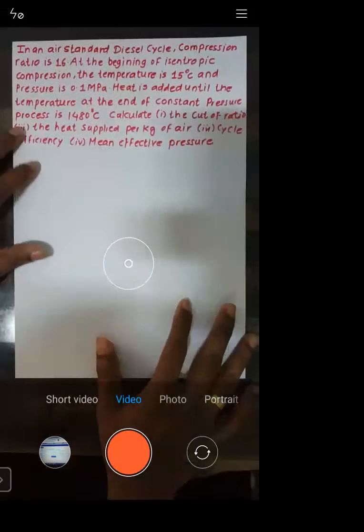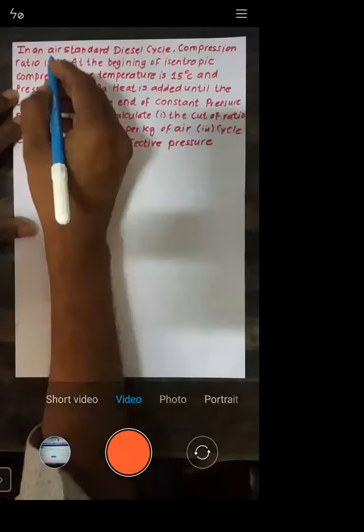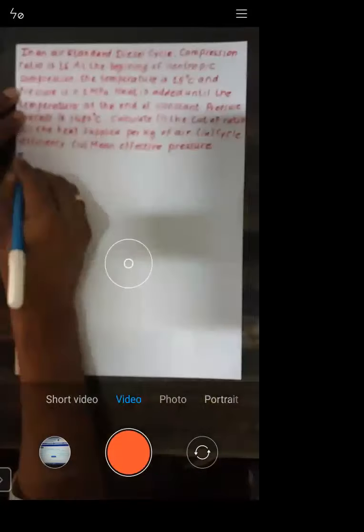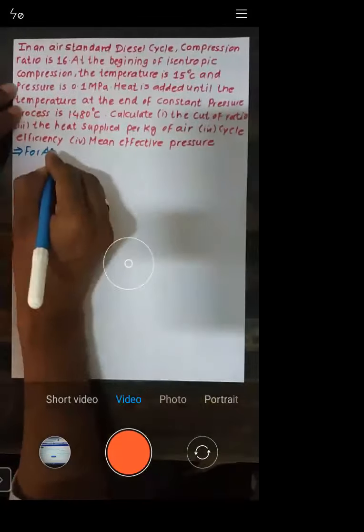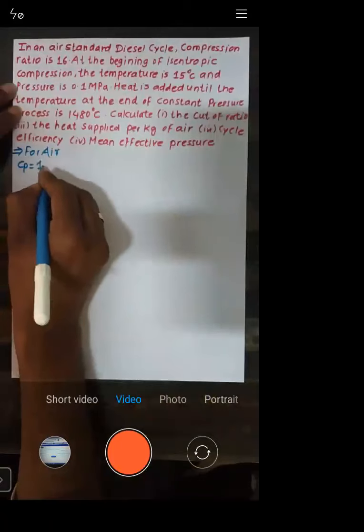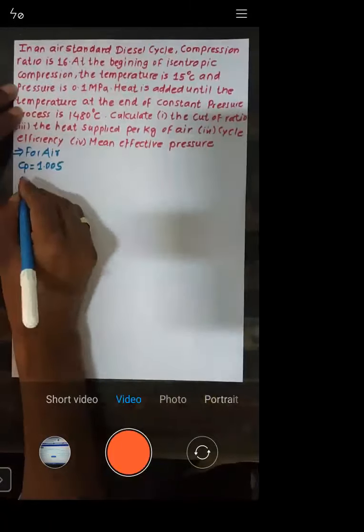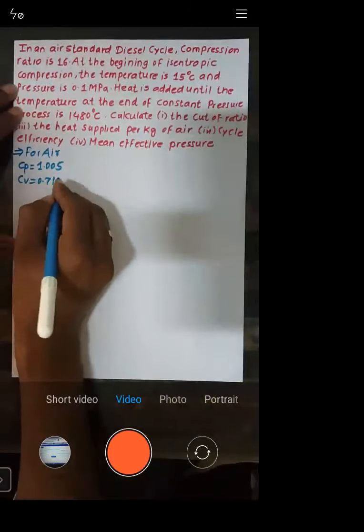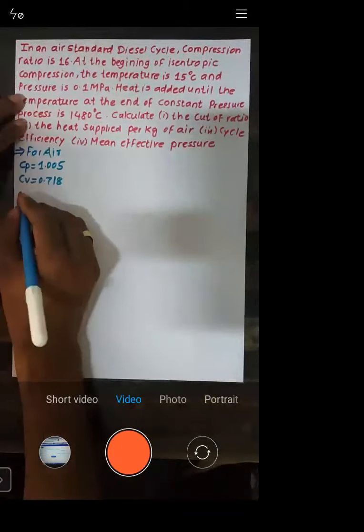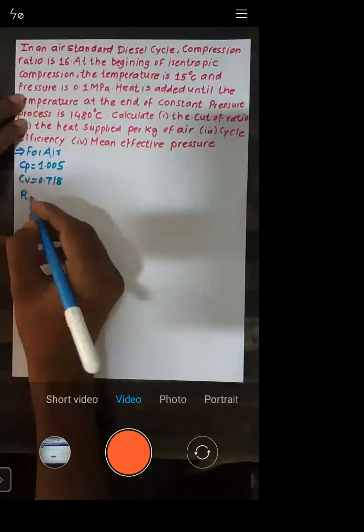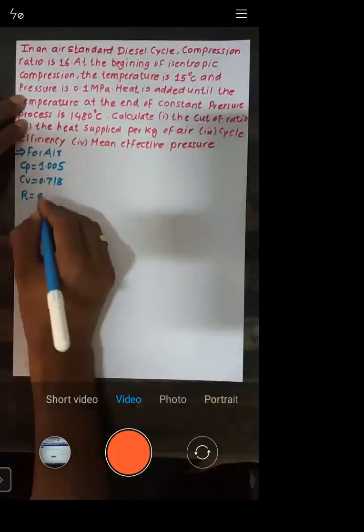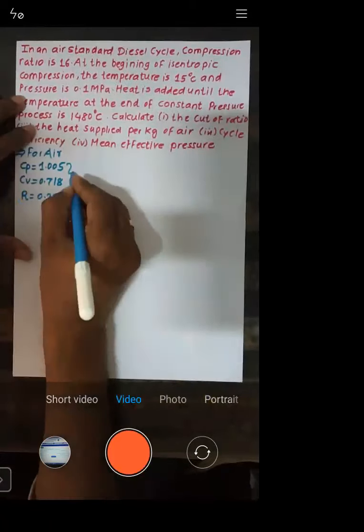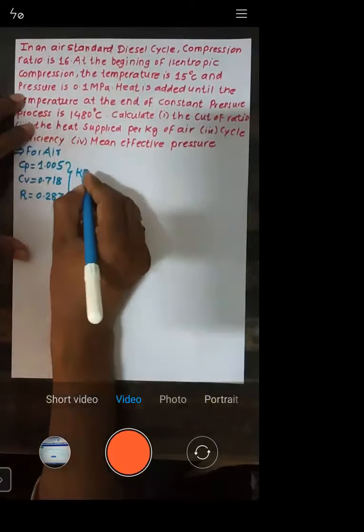In an air standard diesel cycle, for air, all of you need to remember the values. Cp is 1.005, Cv is 0.718. So R, the difference between Cp and Cv, comes as 0.287, and all these values are in kilojoule per kg Kelvin.